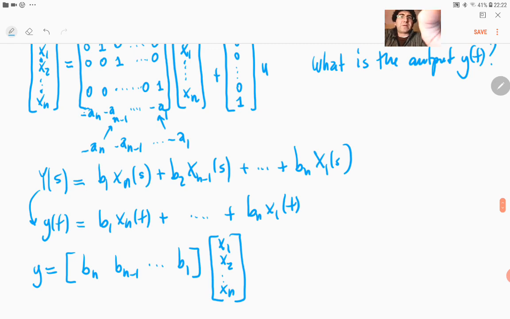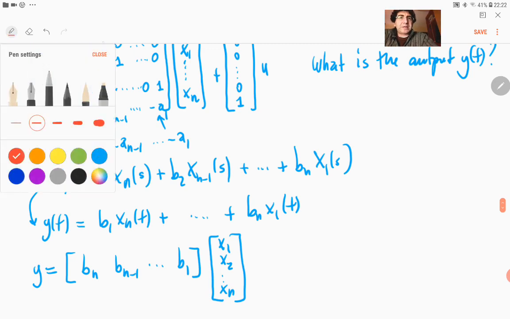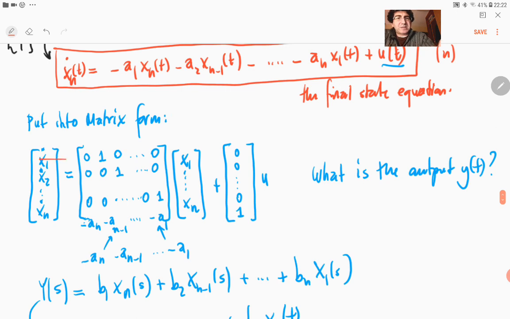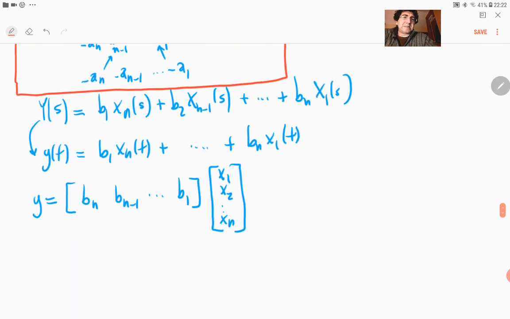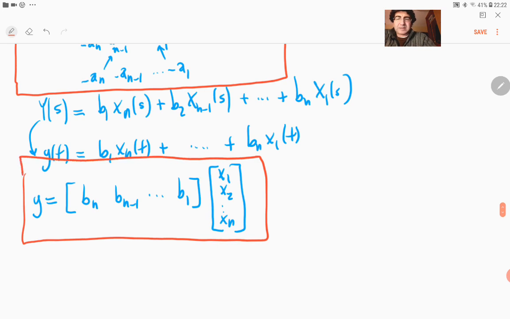If I wanted to just indicate my state equation, these are the state equations, and this is the output equation of my state space representation. So this is the so-called controllable canonical form.